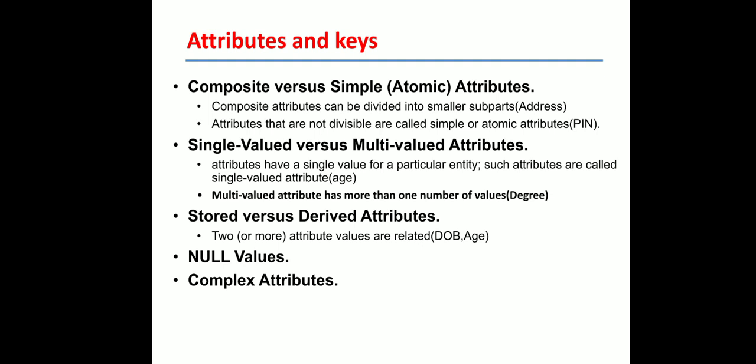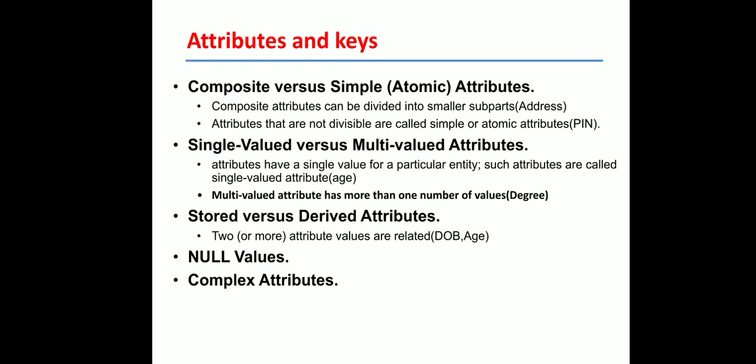Next we have stored versus derived attribute. These two are related. An example of a stored attribute: if I ask what is your date of birth, and I say 1995, this 1995 is my stored attribute. Based on this stored attribute, I can get to know my age.